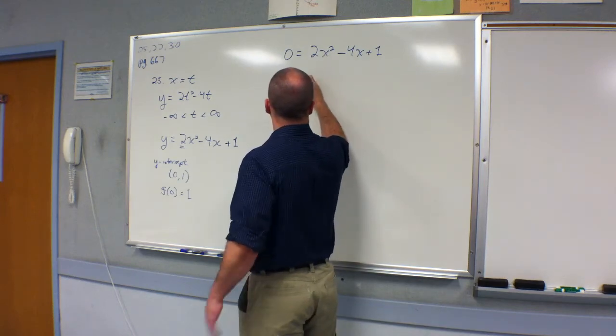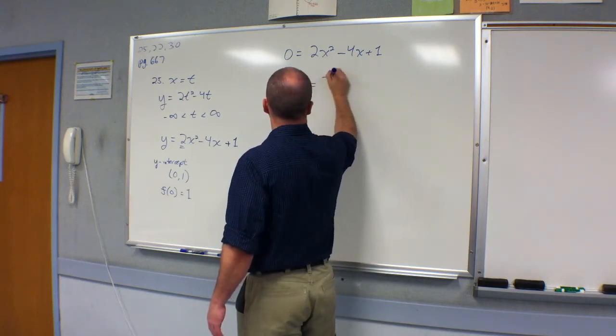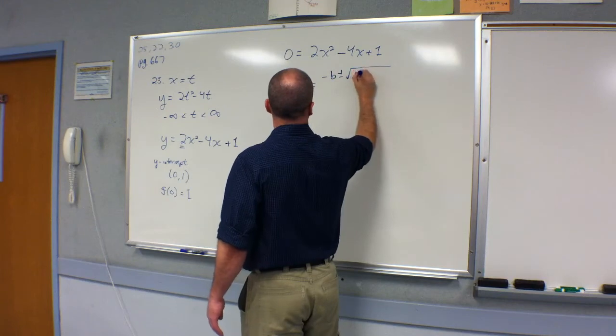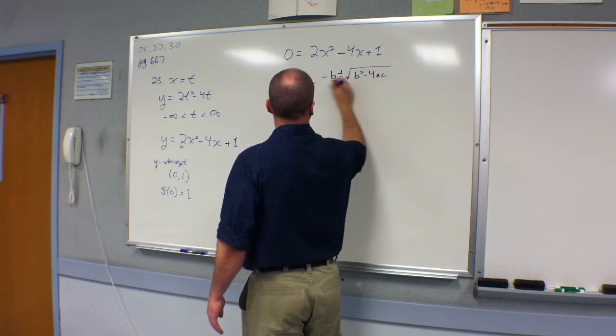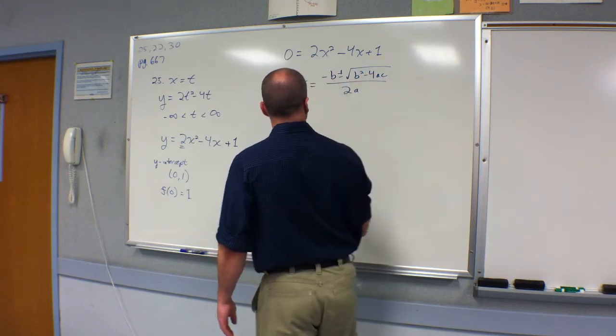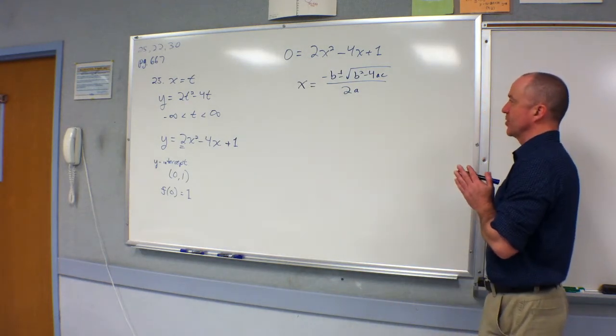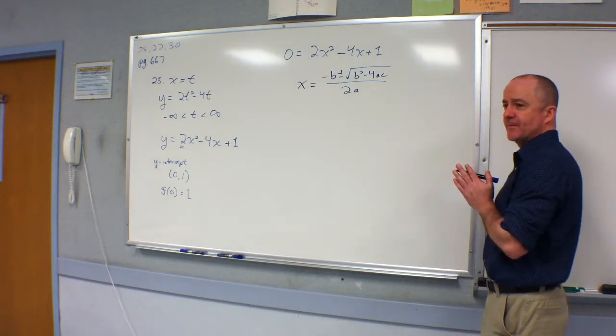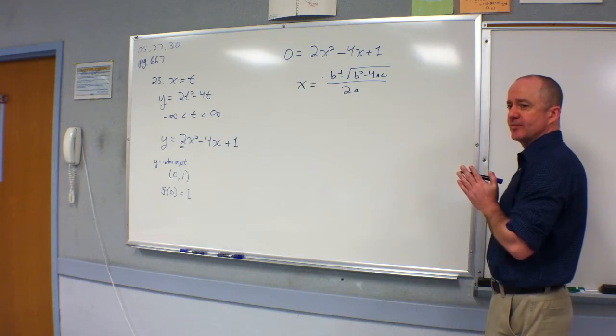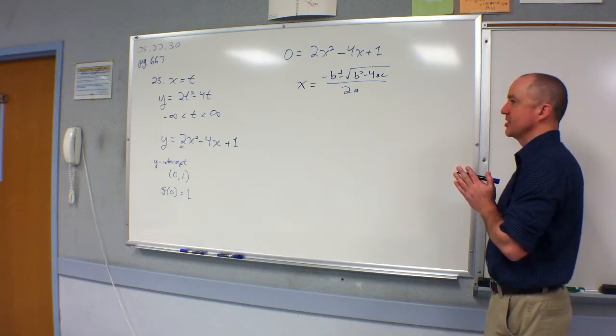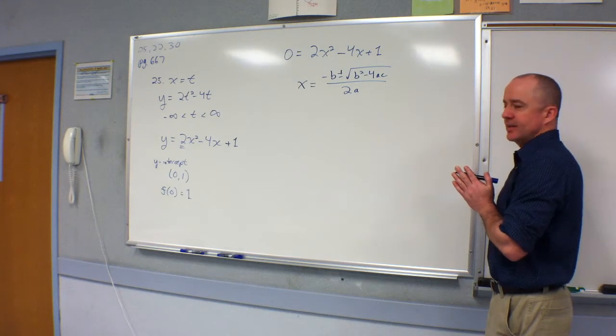The quadratic formula is x equals negative b plus or minus the square root of b squared minus 4ac, all over 2a. What's the first thing you do in the quadratic formula before you waste time with anything else? You guys remember something called the determinant or discriminant? Discriminant, thank you.